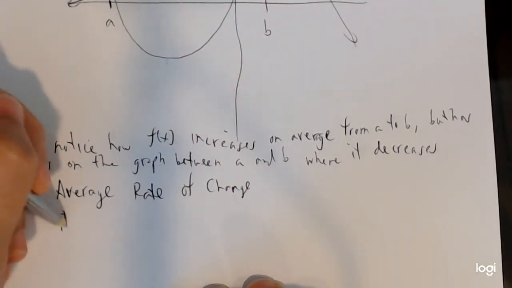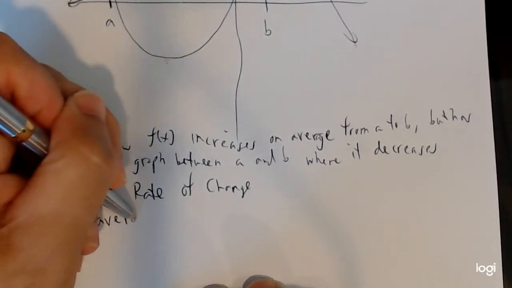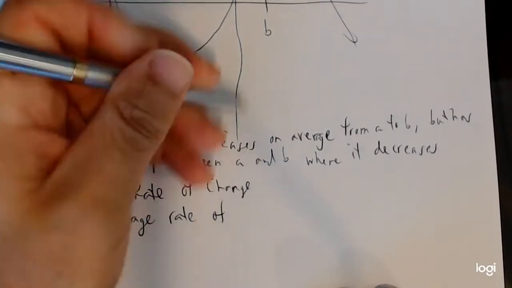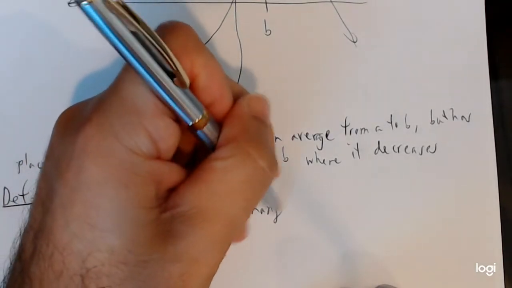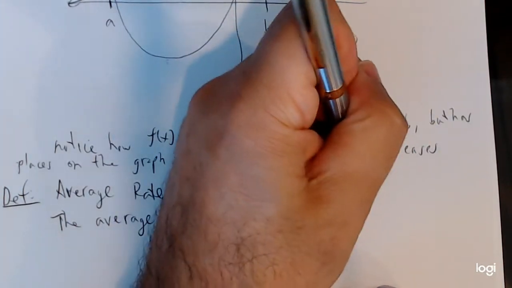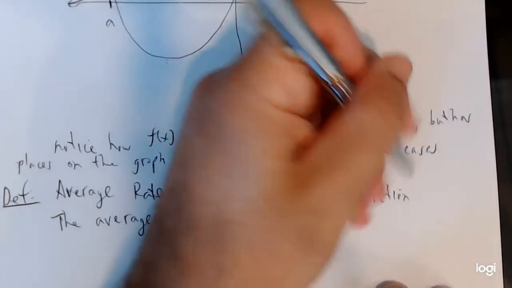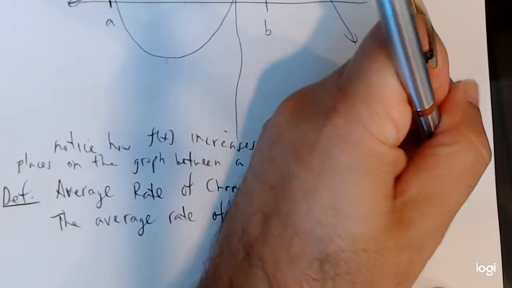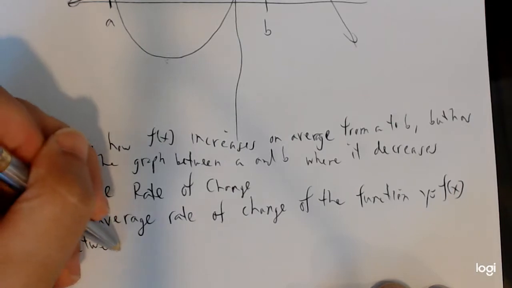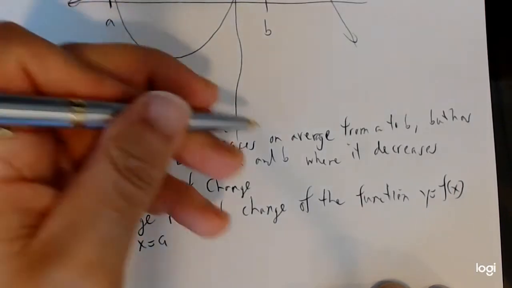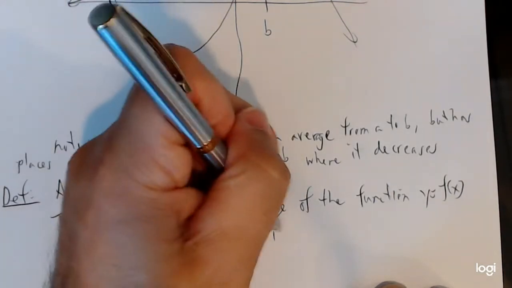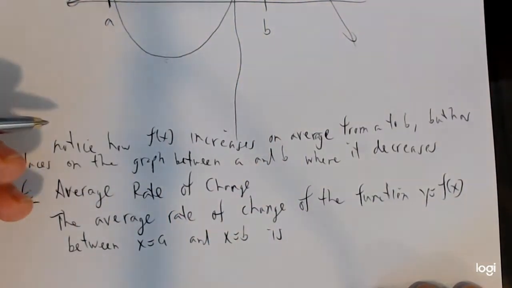So we would say that the average rate of change of the function y equals f of x between x equals a and x equals b is defined as the following.